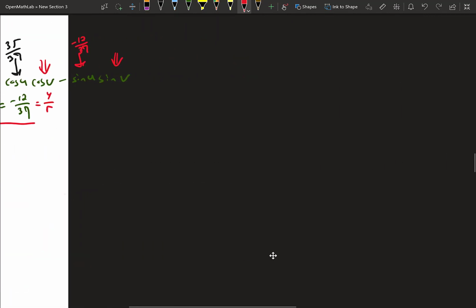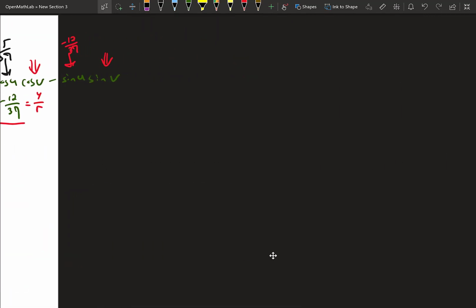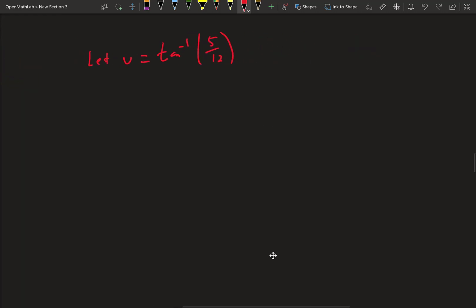Right? So I'm just going to come over here to the side. So let's let v equal inverse tan of 5/12, right? Where v is going to be in between negative pi over 2 and pi over 2, right?